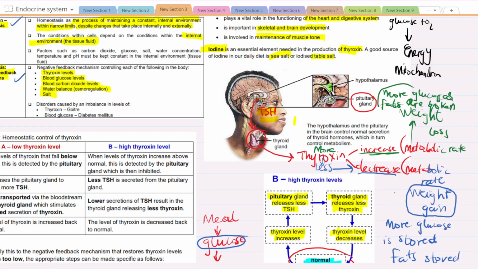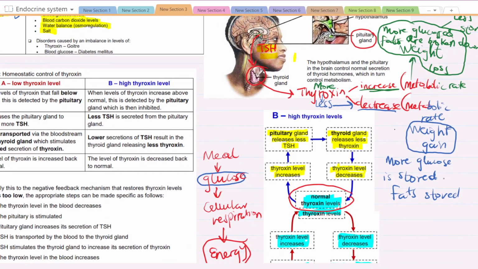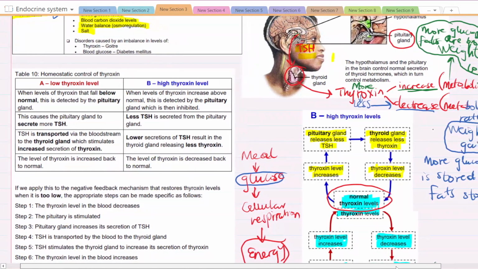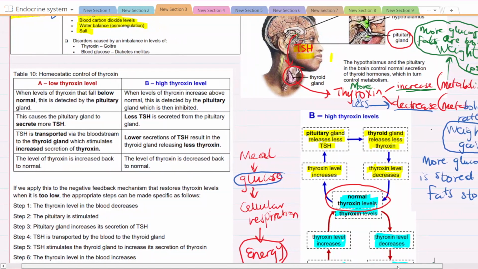That individual will have a weight loss if their thyroxine is too high, meaning that more glucose and fats are broken down. And when they're broken down, what does that mean? It means less glucose and less fats are stored. And that is how you explain the role of thyroxine and its homeostatic process.